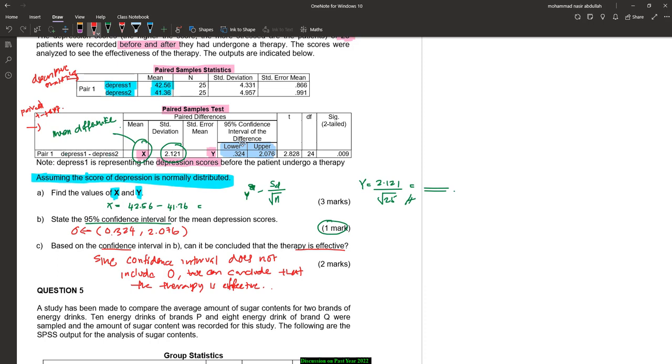Right? If the confidence interval includes zero, right, then the therapy was not effective lah.